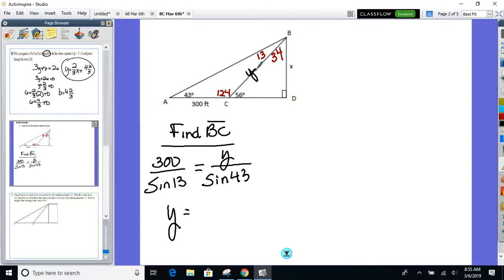Does that answer my final answer? No, I asked that because you're not going to do what with this? Do your own rounding. 909.529. How's that look? Look all good? So there's side BC.